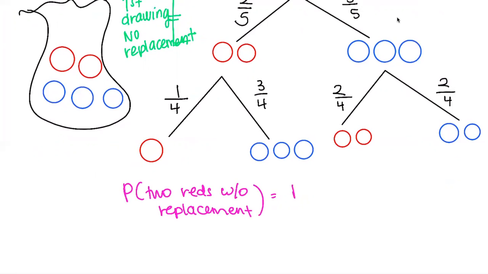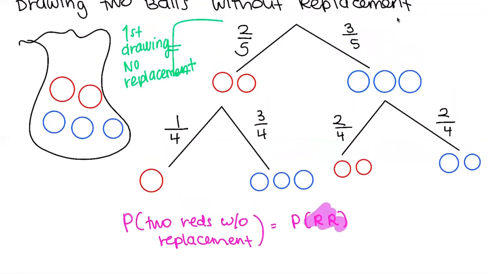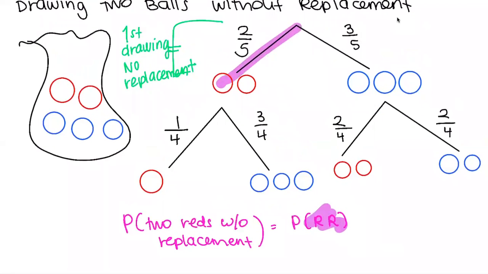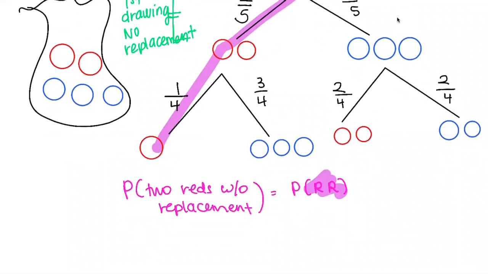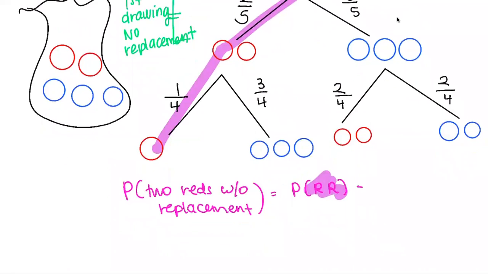But when I do some shorthand, probability of red followed by red, it looks a little different. I'm going to go ahead and highlight the part that I care about. Probability of red, red. Well, red first, red second. I'm going to get the probability of red in the first case. And then probability of red in the second case.